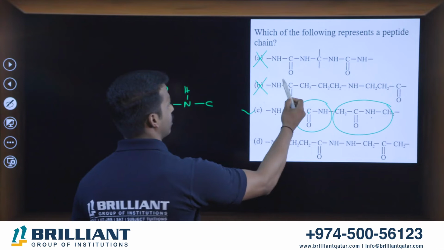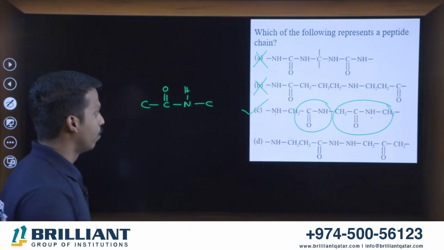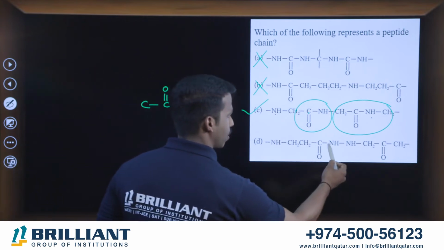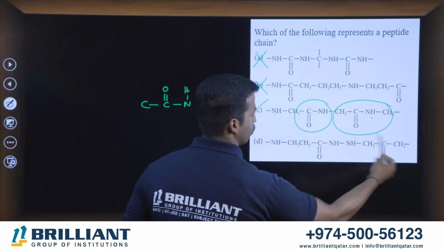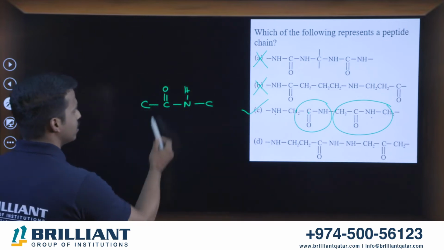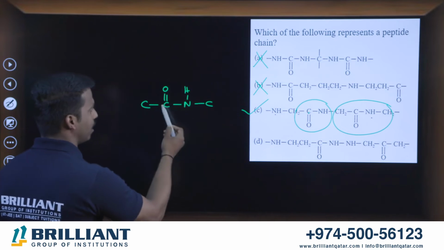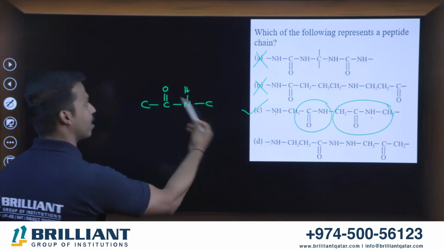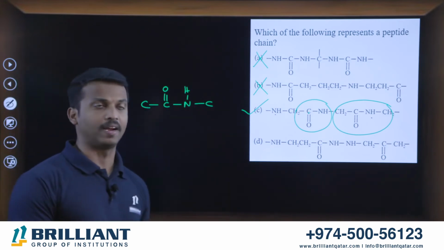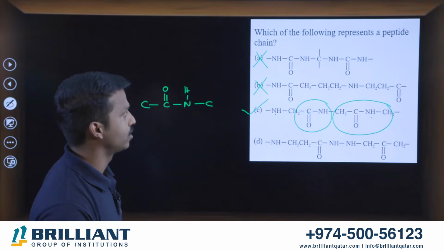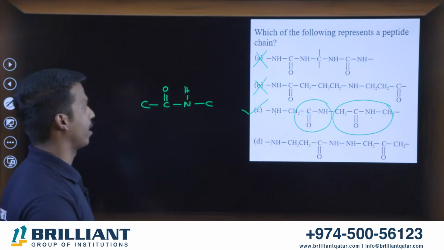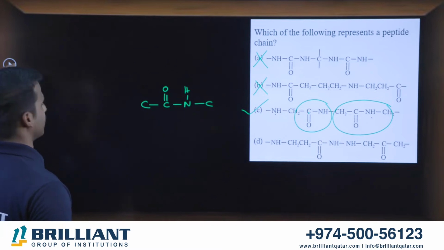Yeah, this is a perfect amide linkage. What about here? CONH is there, okay, fine. But here COCH2, no. What group should be there? CONH should be there, and the nearest connected elements are carbon. This is called a peptide linkage, in which amino acids are joined together in a protein. So option C can be the correct answer.